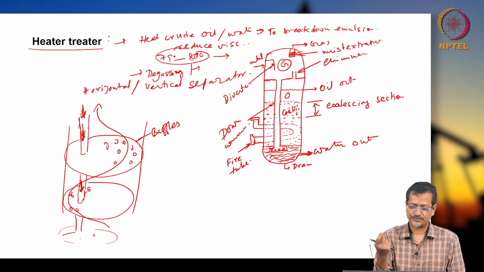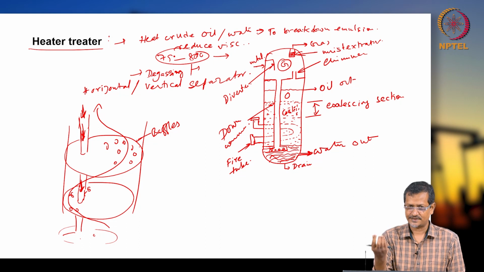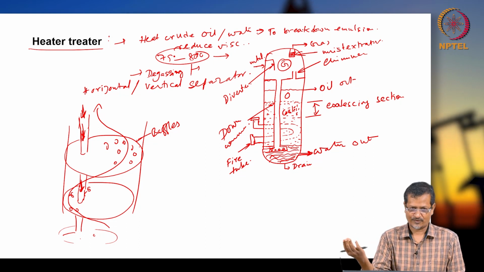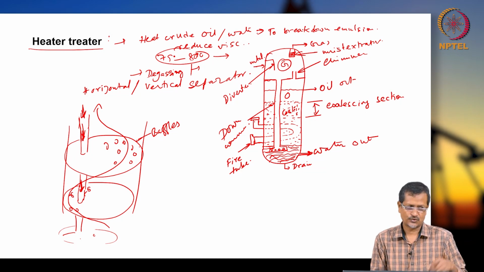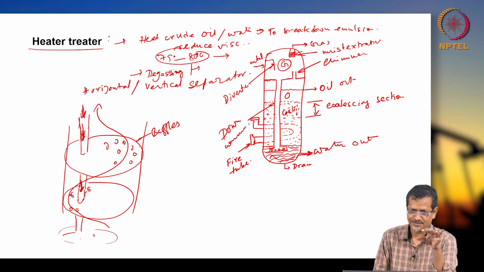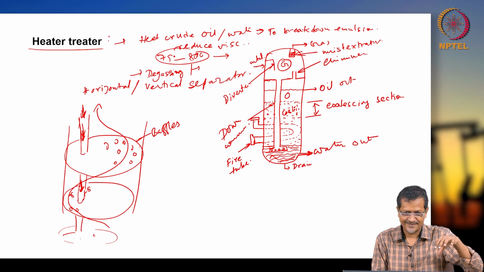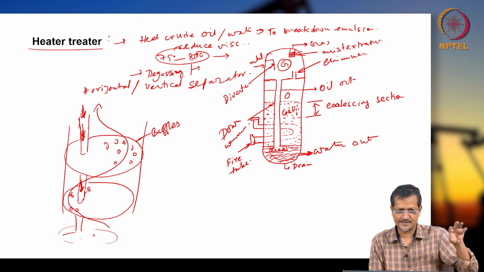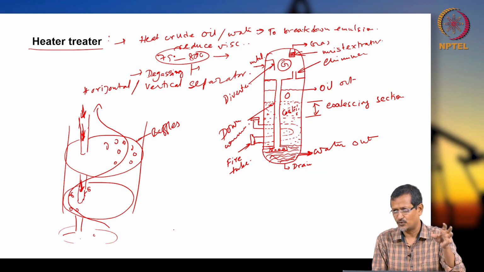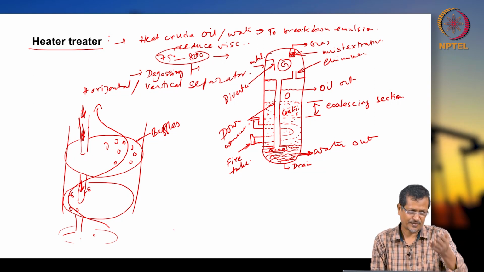So the designers will do it like this: your oil is already heated, water is already heated, so can I use that? Or there will be heat from the source of your IC engines or other engine systems. Can I use that heat so that some energy can be saved? Just to optimize the whole surface production system, so low energy consumption and higher performance.